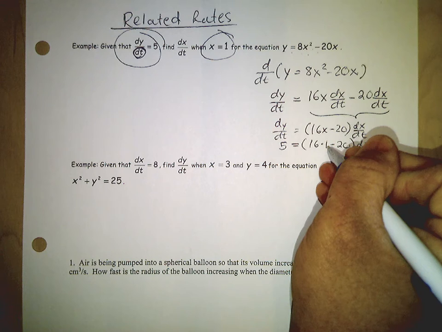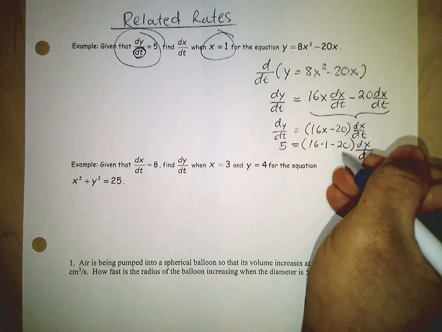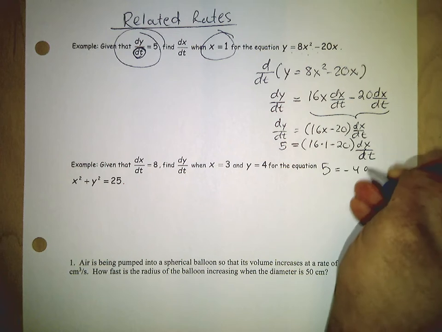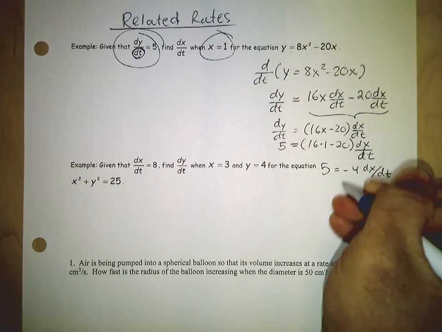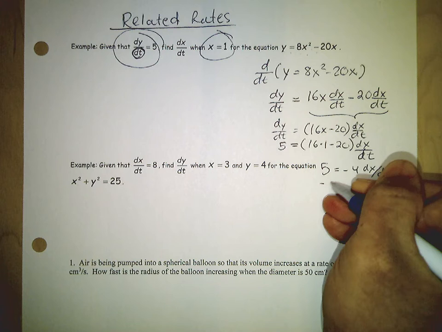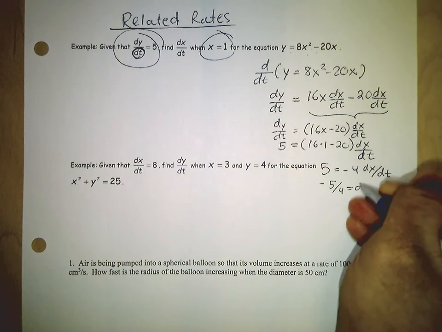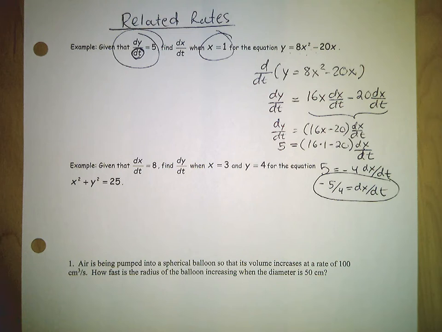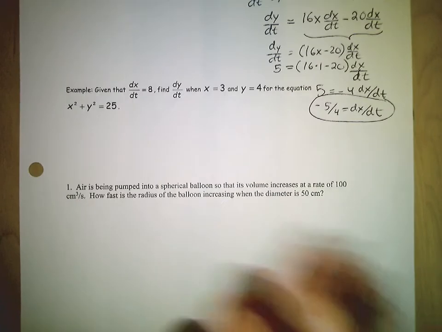So 16 times 1 minus 20 is negative 4, so I have 5 is negative 4 dx/dt. Then I'll divide by negative 4, so negative 5/4 is dx/dt, which is what we were being asked to find. Now let's do another example.